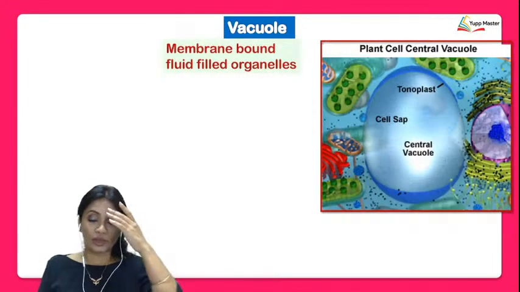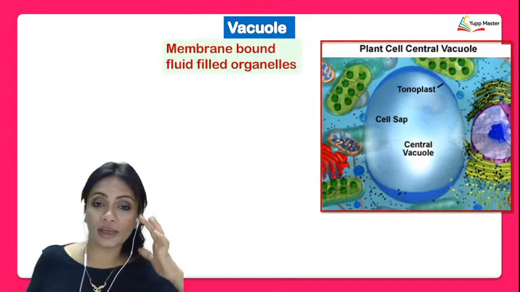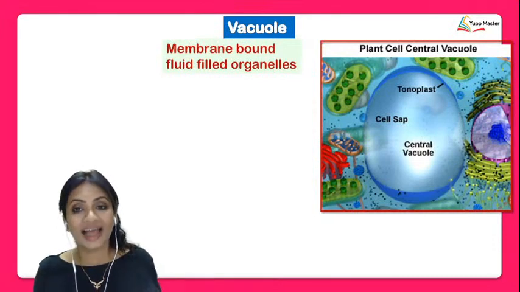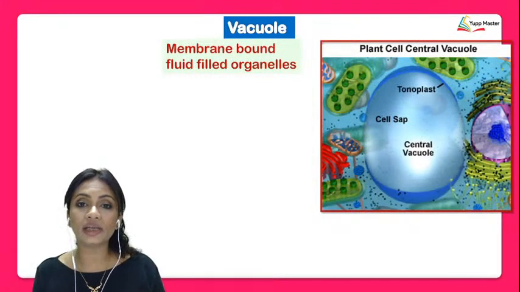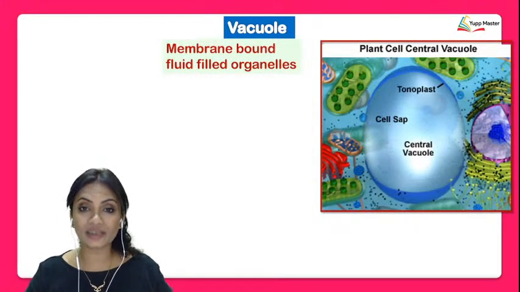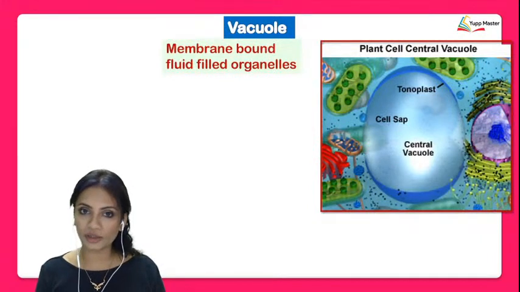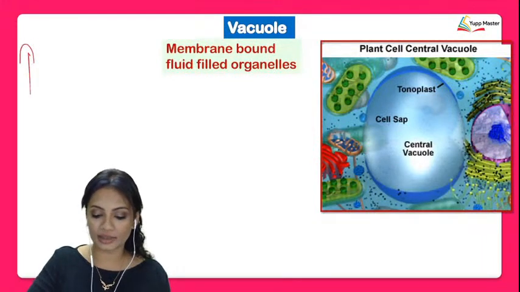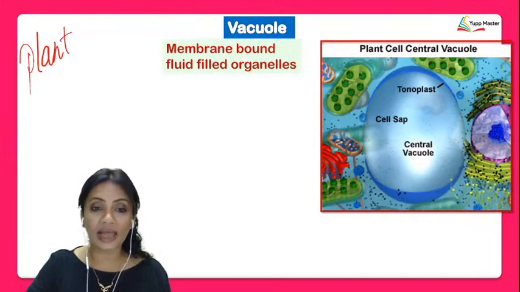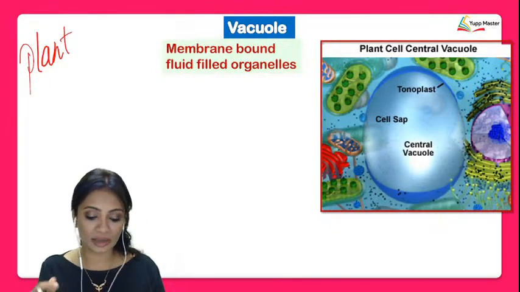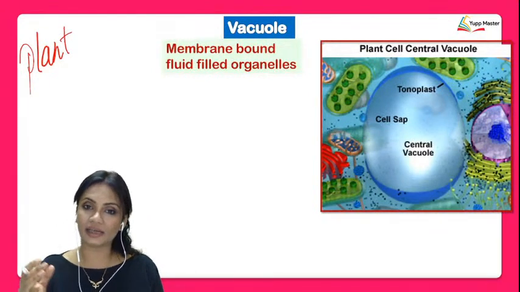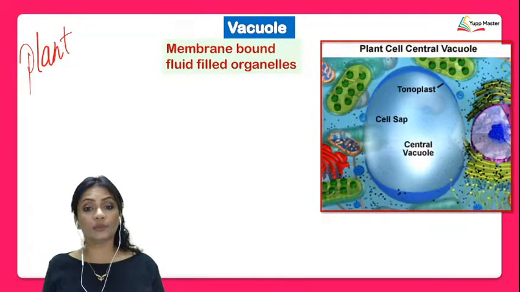Now, we also saw that there is another cell organelle called the vacuole, and it is present in a large, abundant, prominent way only in the plant cells. It is present in the animal cell, but there it is comparatively smaller and temporary.